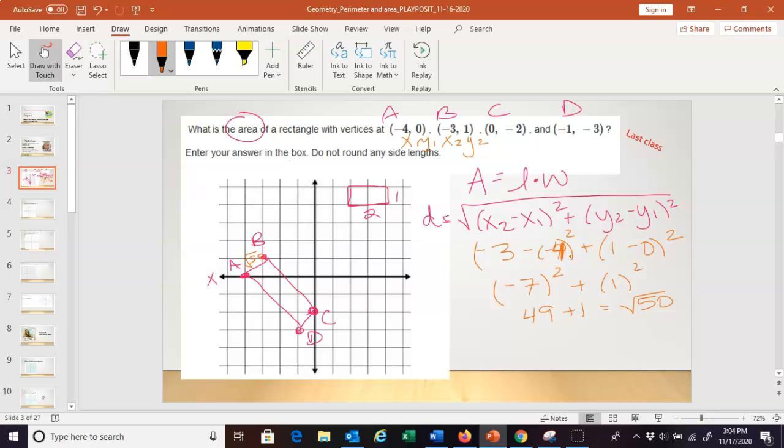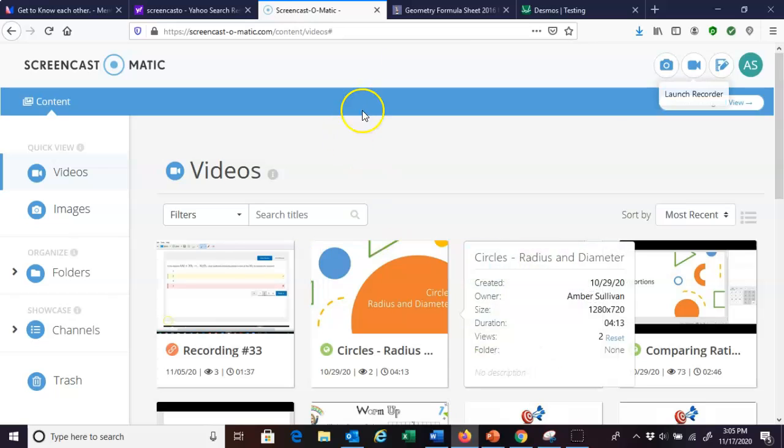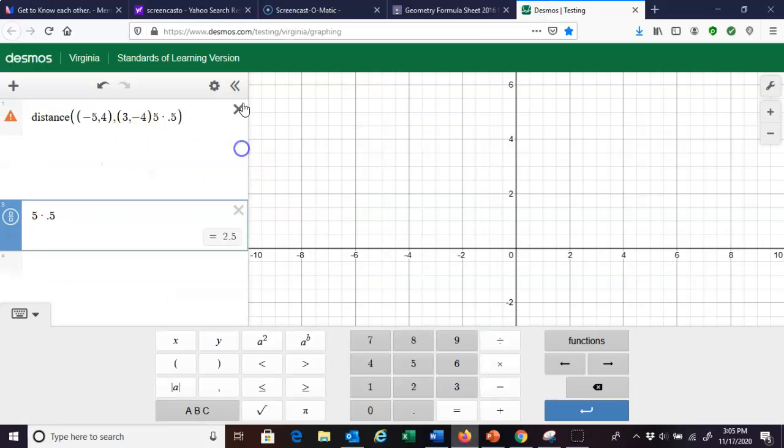So now is when I'm going to show you something really cool on our graphing calculator. Let me just grab these coordinate points. All right, we're going to go to the Desmos graphing calculator for Virginia.